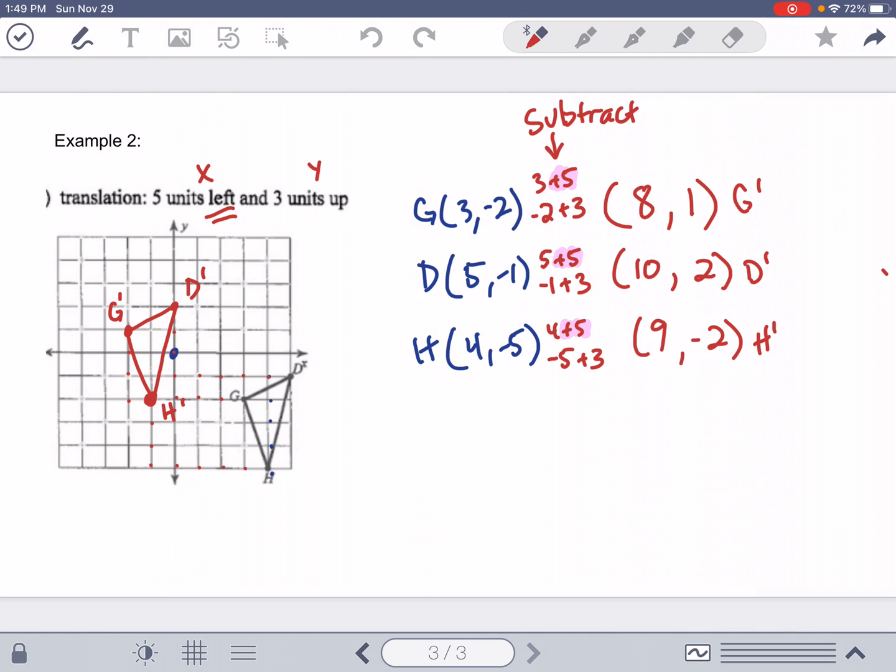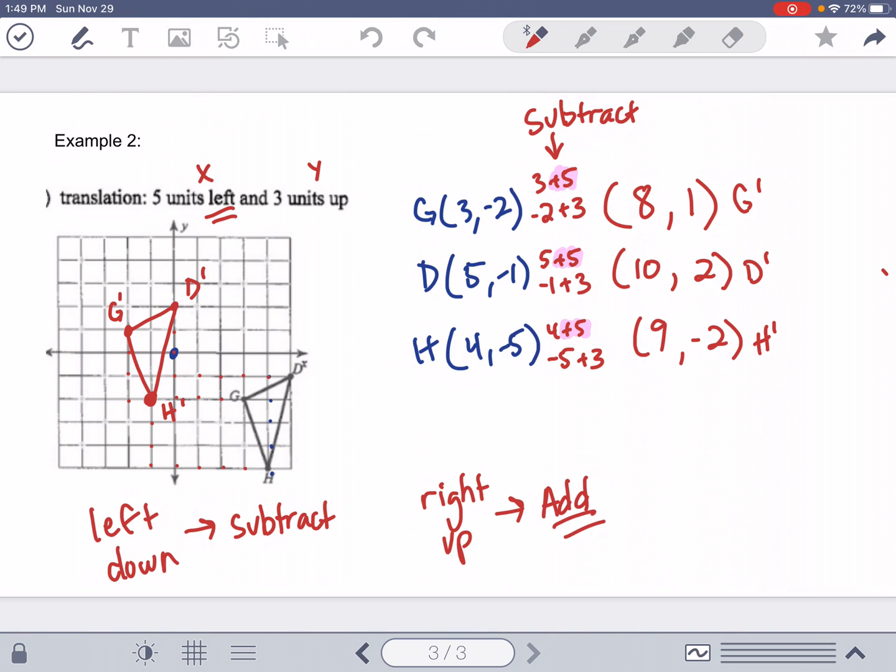I was doing this wrong on purpose because that is the most common mistake you guys will make. You will forget to add or subtract depending on if it's up or down. So left and down, subtract. Right and up, you add. Okay?